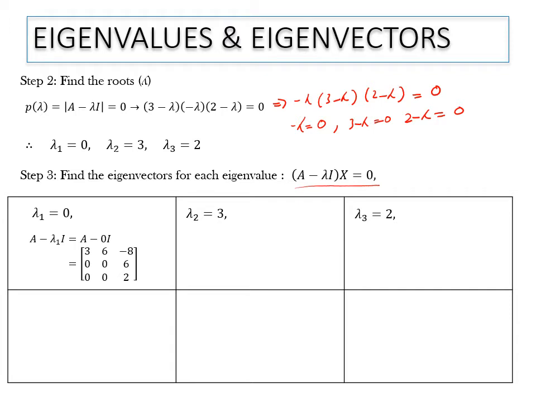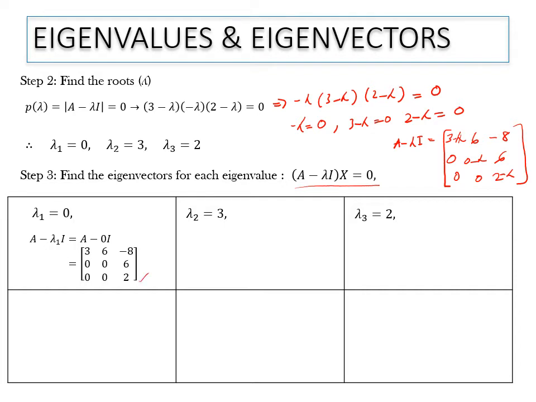So for the first one, lambda 1, the original A minus lambda I is the matrix with 3 minus lambda, 0, 0 minus lambda, 6, 0, 0, 2 minus lambda. This is the general A minus lambda I. Now we know the value of lambda, so just substitute 0 for lambda, and that's how we got this matrix.